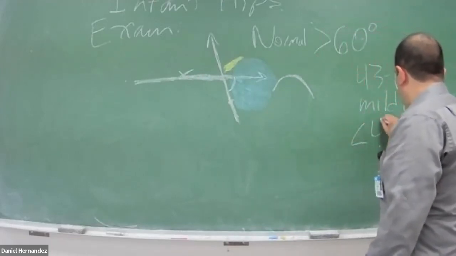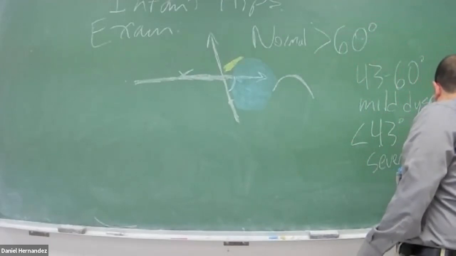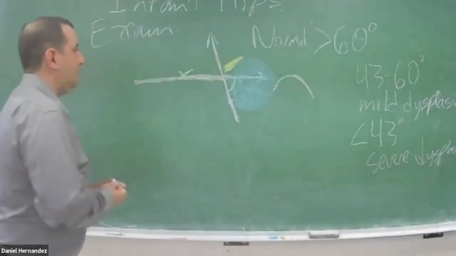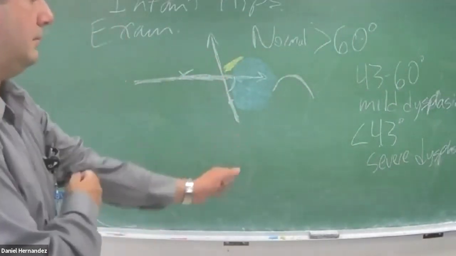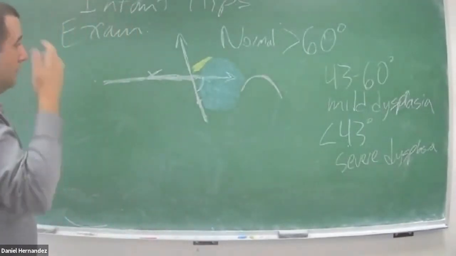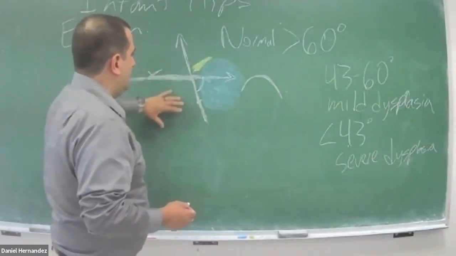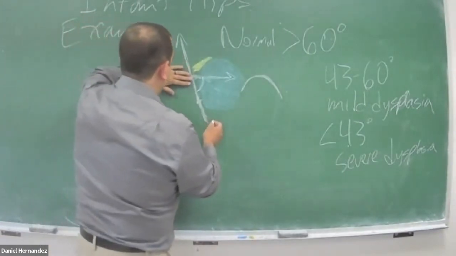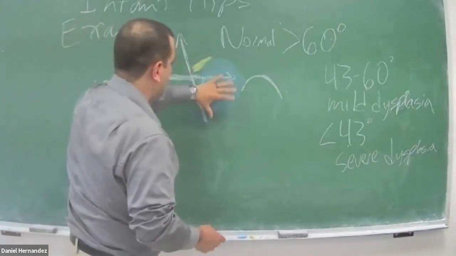And less than 43 degrees is severe. So if there's an issue with hip dysplasia, that angle is going to start decreasing, and this hip is going to be lying shallow within that femoral head.